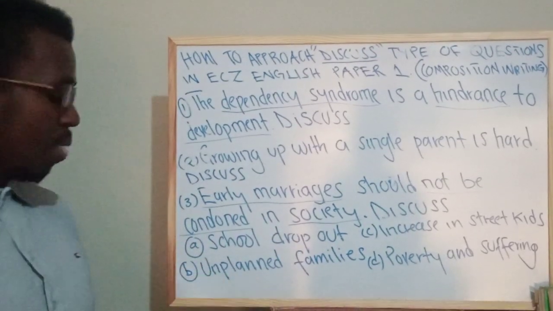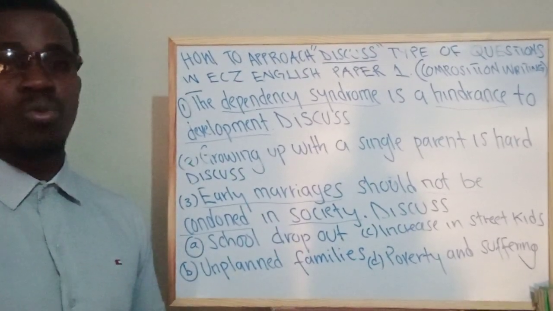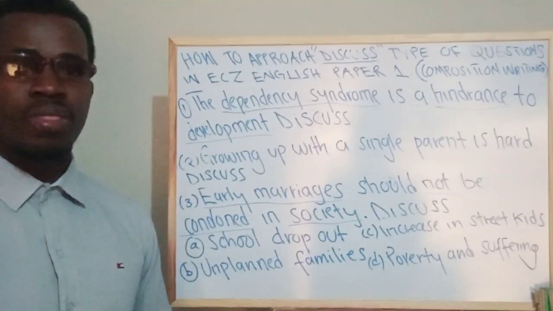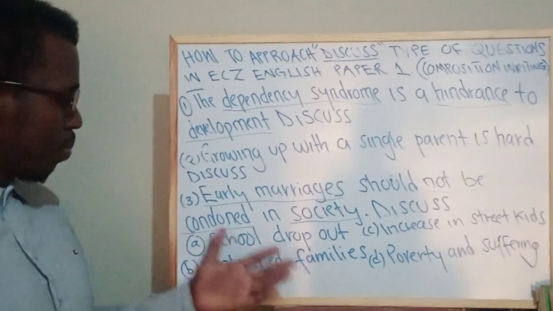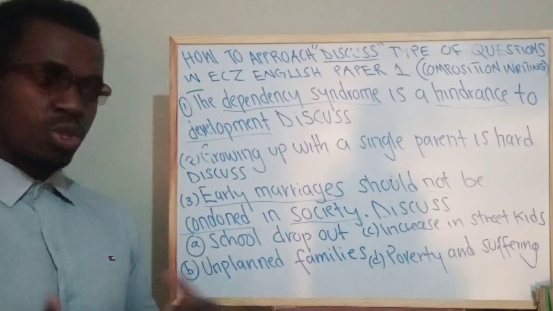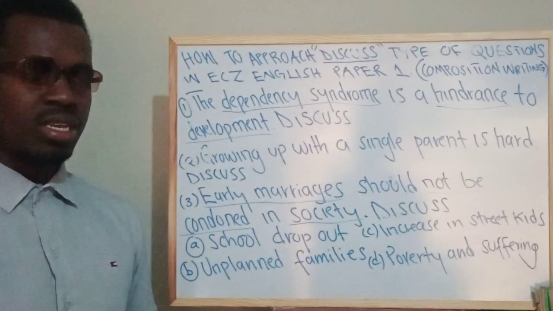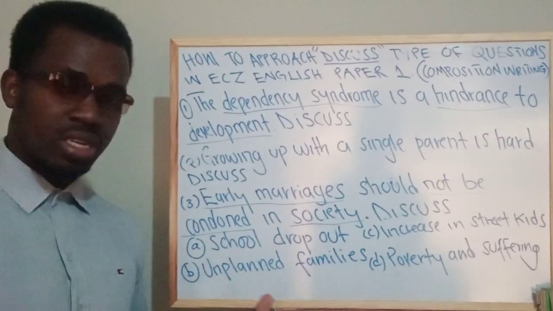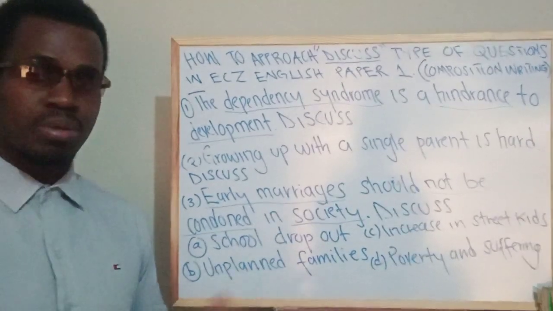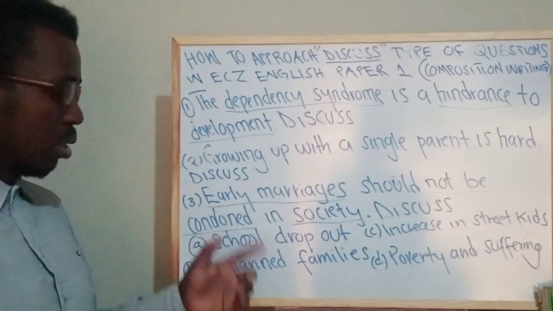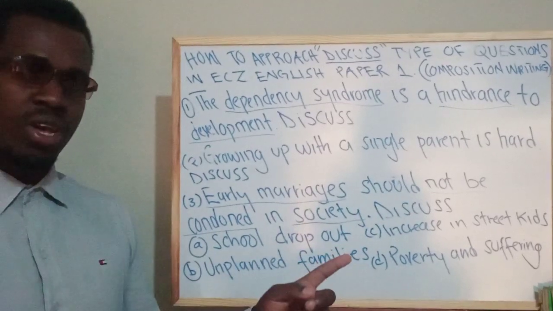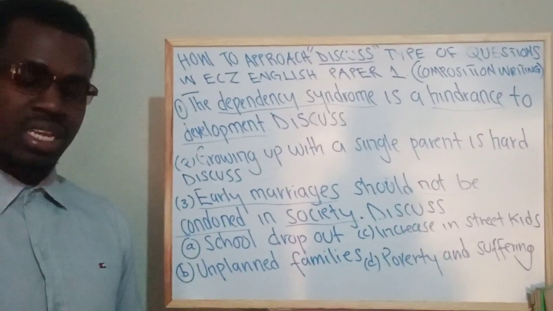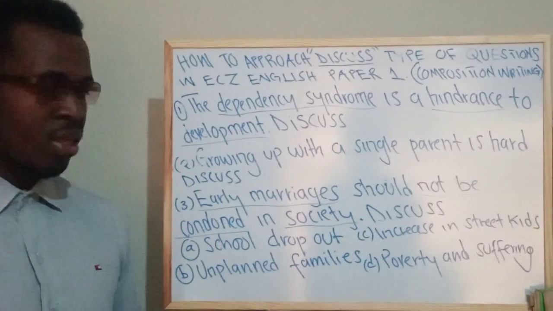The second one is unplanned families. Like we mentioned before, for example, after being engaged in maybe sexual activities and all that, the girl child gets pregnant. These people, both the boy and the girl, are not actually ready for a family.